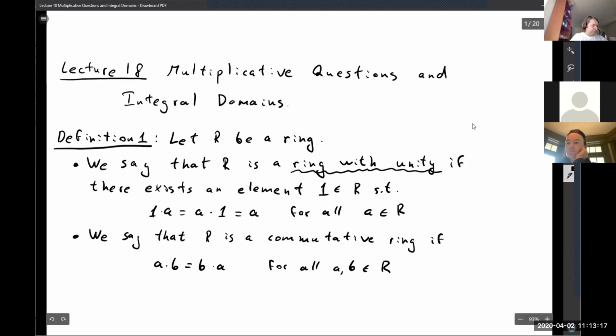And what we will talk about is, first of all, the subring generated by unity, and also the so-called zero divisors.